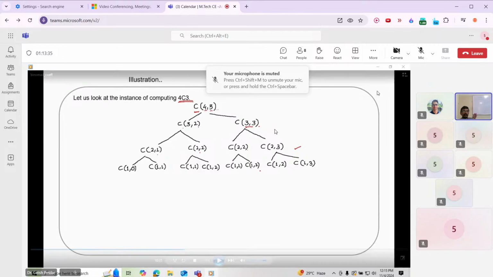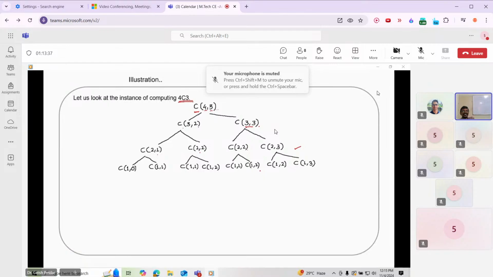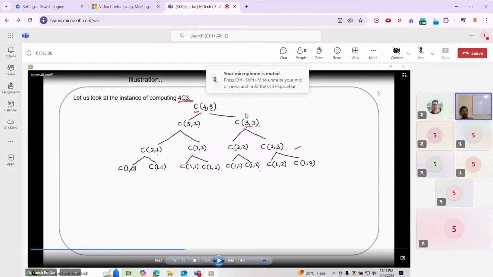That's how we do it. Why? Effectively, what we are doing is, in one case we reduce both N and K. In another, you gradually go on reducing N, keeping K as it is. Therefore what we got here is C(3,2) and C(3,3). So if I compute these two, I can find the value of C(4,3).